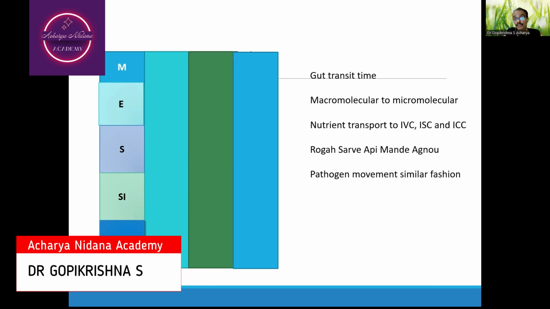Then these micromolecules, which are the nutrients, enter the capillaries of the stomach, small intestine, and large intestine. Usually they take the path of portal circulation. From the capillaries of the stomach, small intestine, and large intestine, they enter the portal system.